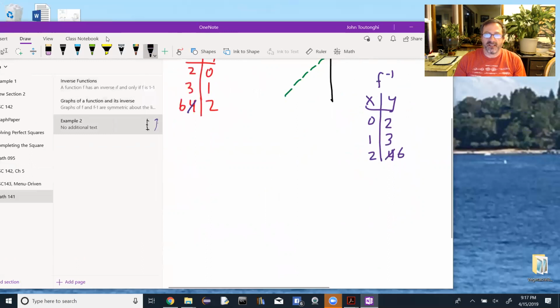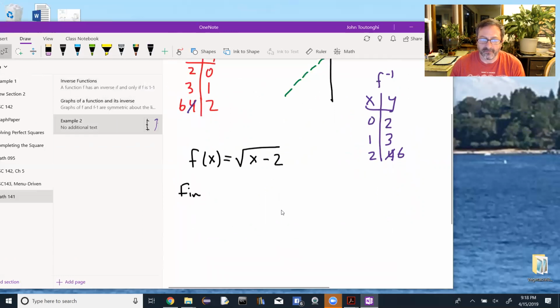If my function F is equal to square root of x minus 2, how do I find F inverse? The formula for it. We've already graphed it.